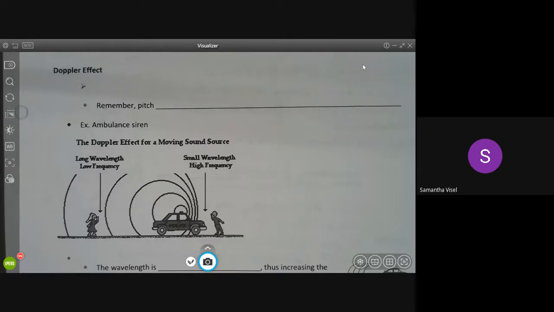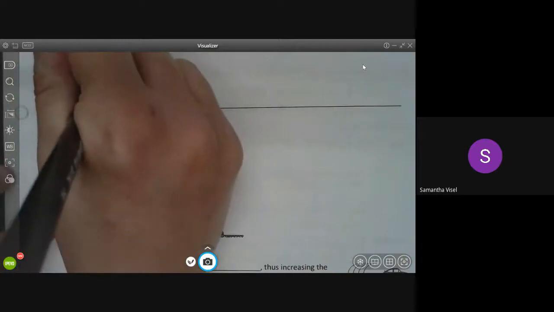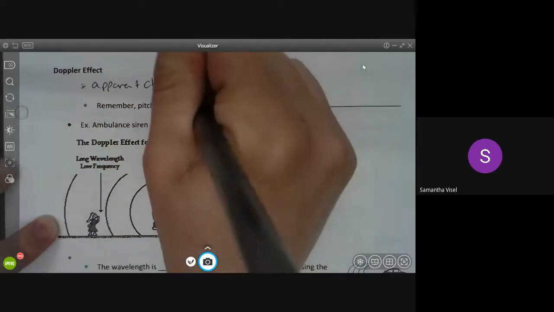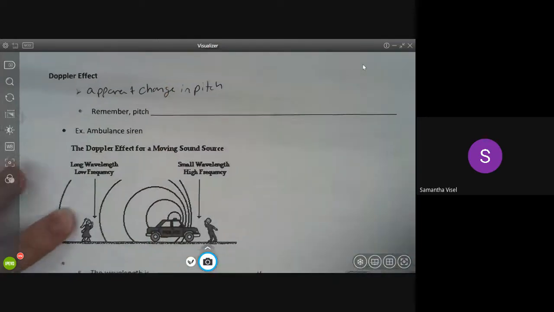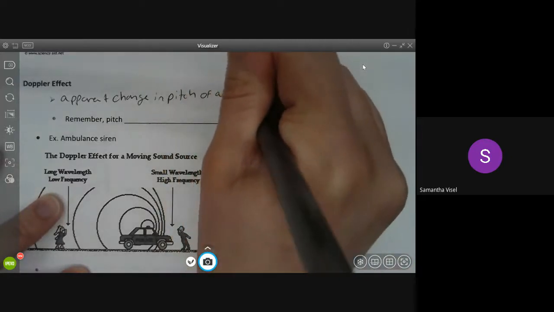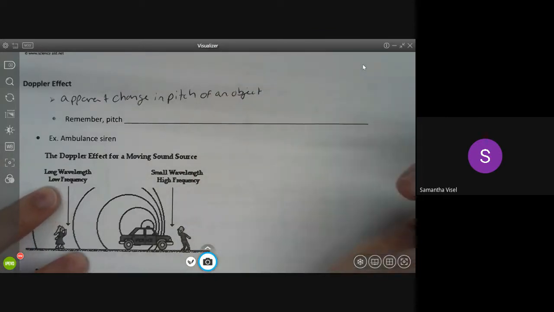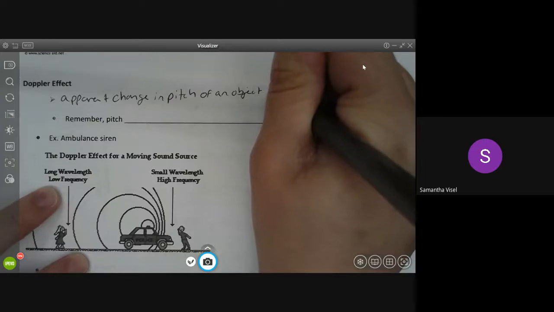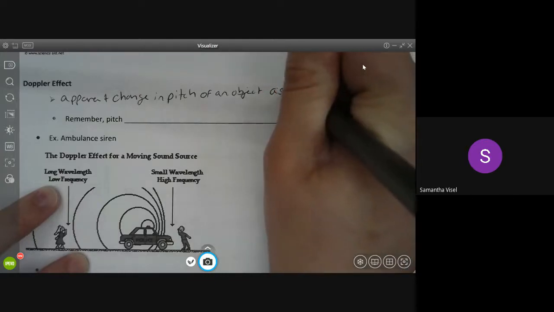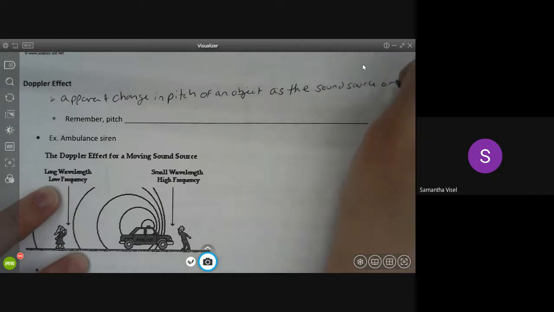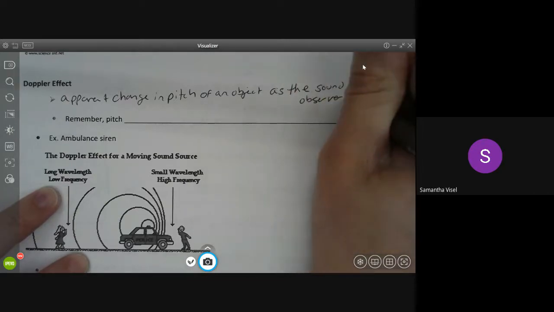What the Doppler effect is, by definition, is the apparent change in pitch of an object, or I guess a person, just anything that's emitting sound, as the sound source or observer moves.